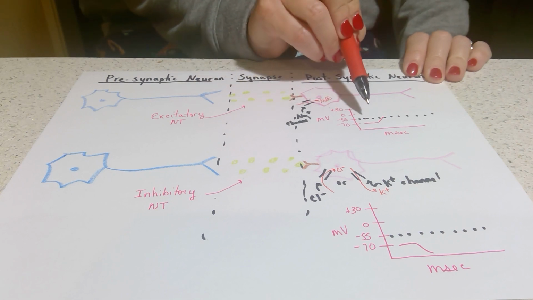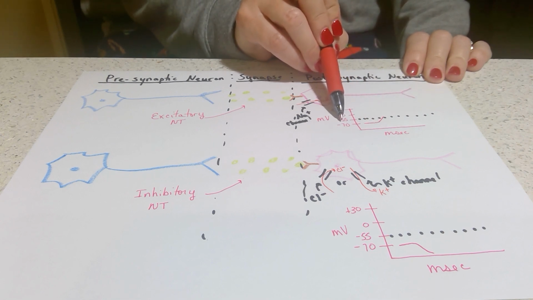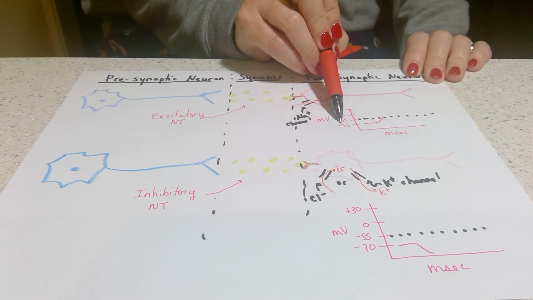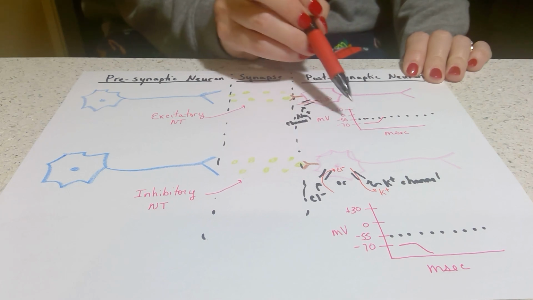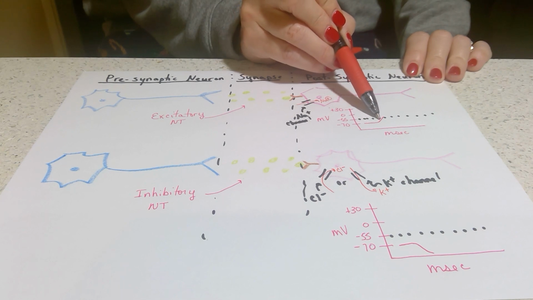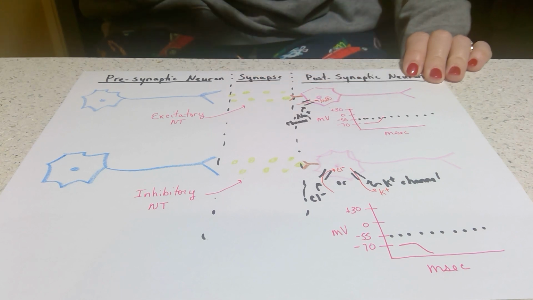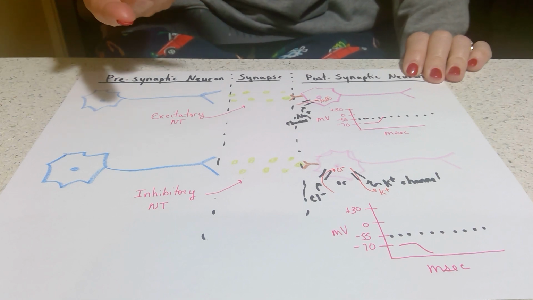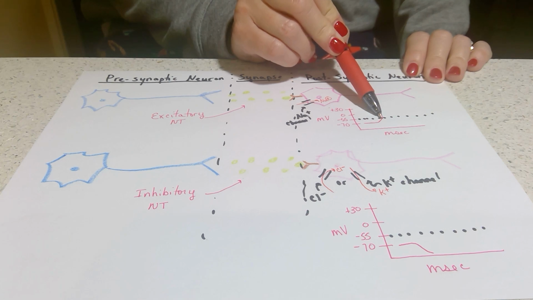So remember that here's our situation at rest. The resting membrane potential is -70. So if you cause an influx of cations, that's going to raise that polarity to a less negative value, right? It's either going to be less negative or more positive, whichever way you want to think about it, but that is a depolarization.